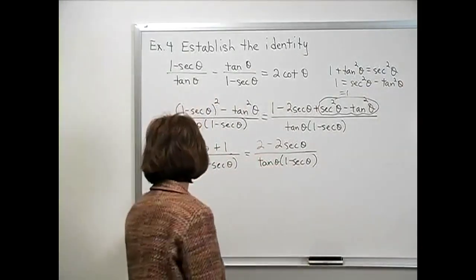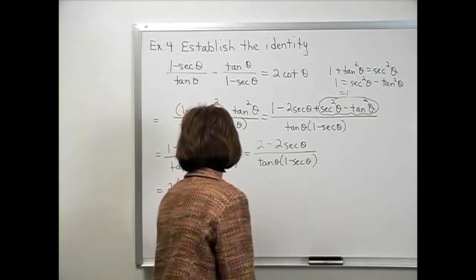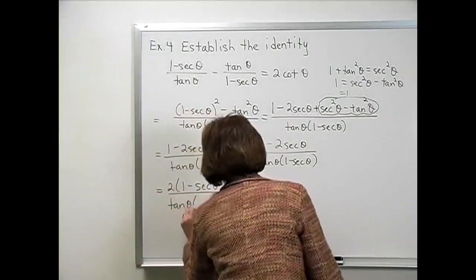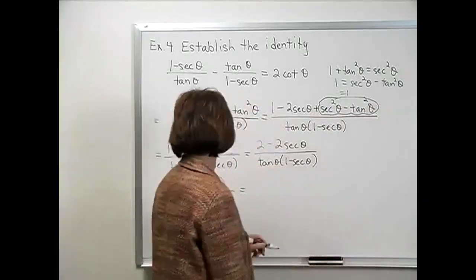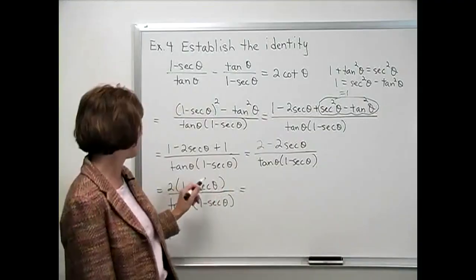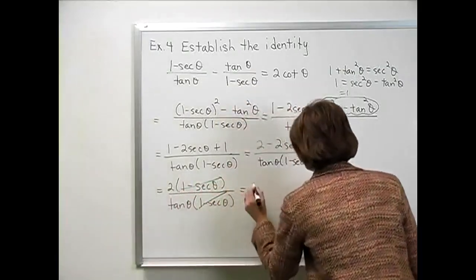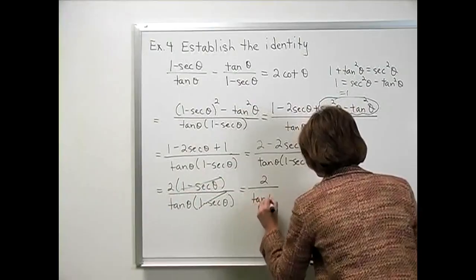We can factor that out. And now we've got a common factor, numerator and denominator, of 1 minus secant theta. We can reduce by 1 minus secant theta, and we end up with 2 over tangent theta.